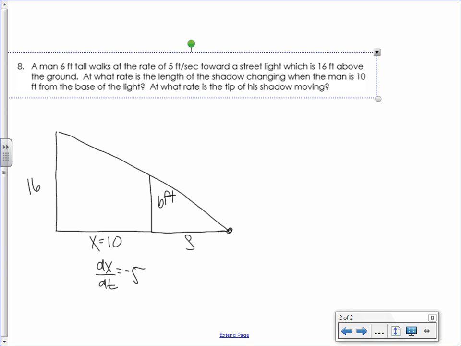Another way you could have done this, very similar to what we did, is when we set up our proportion, we're still going to do 16 over 6, because we still have these similar triangles. But instead of writing this base as x plus s, why don't we just call this z right now?